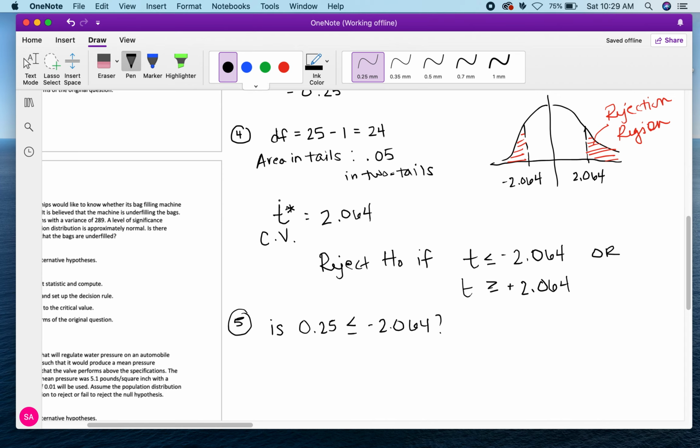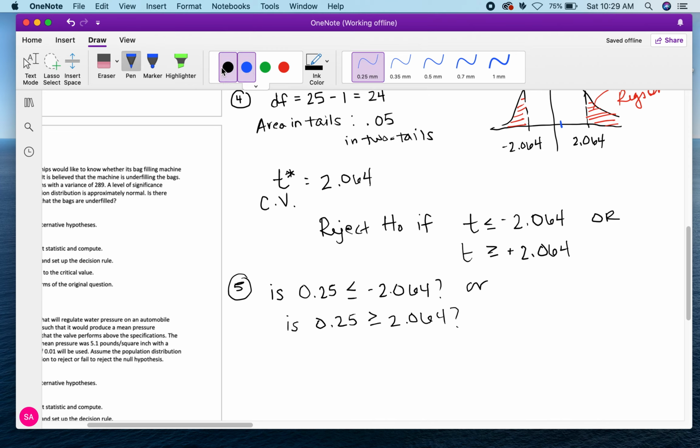Or is 0.25 greater than or equal to positive 2.064? Well, definitely not, right? 0.25 is going to be very close to our mean here in the middle. So let's say it's right about there. That's definitely falling in our fail to reject region. So yeah, we fail to reject the null hypothesis.